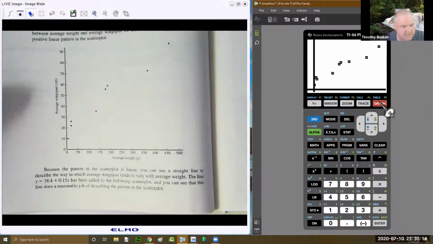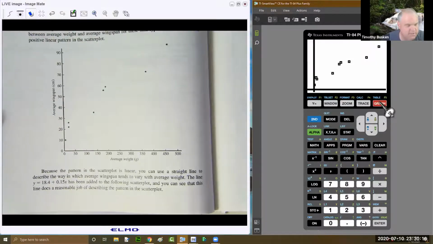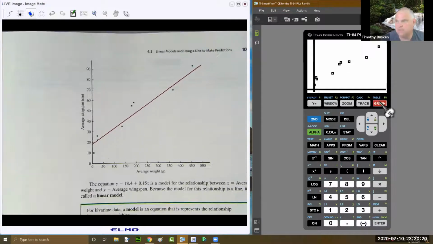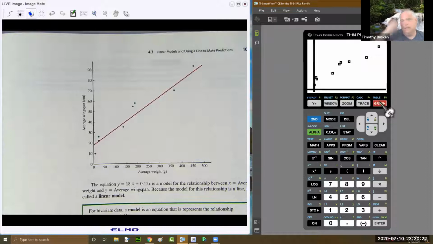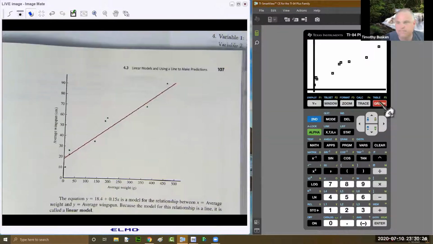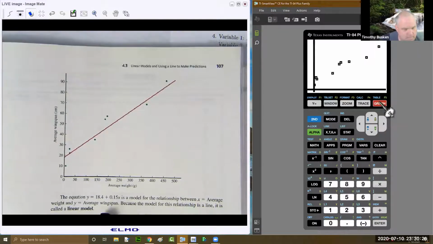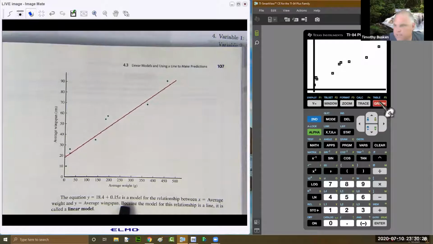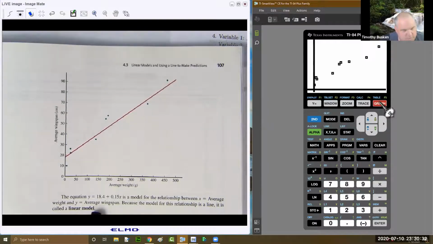And you can see it does a reasonable job of describing the pattern in the scatter plot. And so this equation is a model for the relationship between average weight and average wingspan. Because the model for this relationship is a line, it's called a linear model.